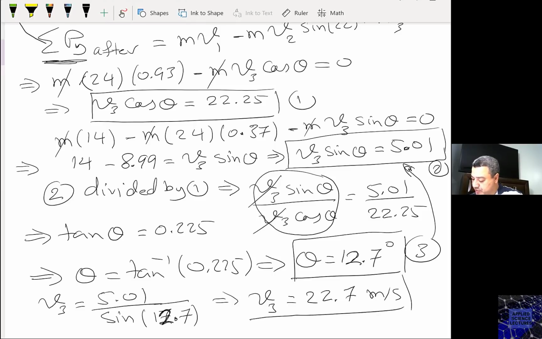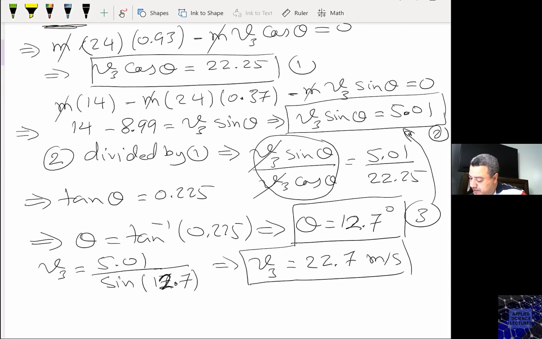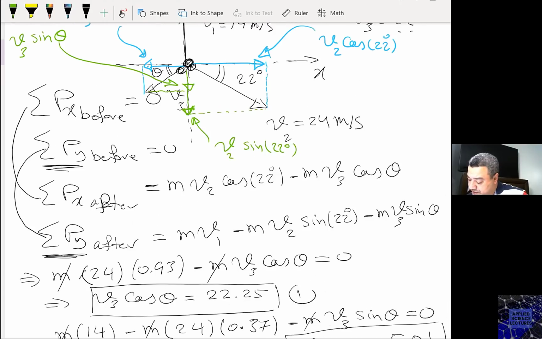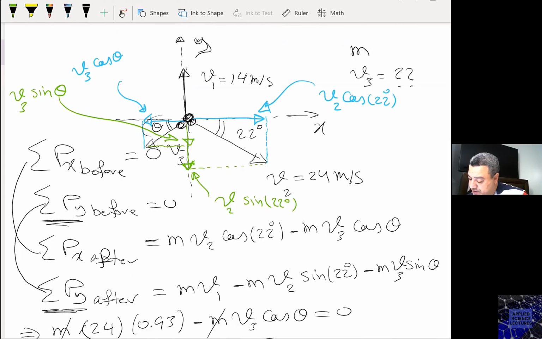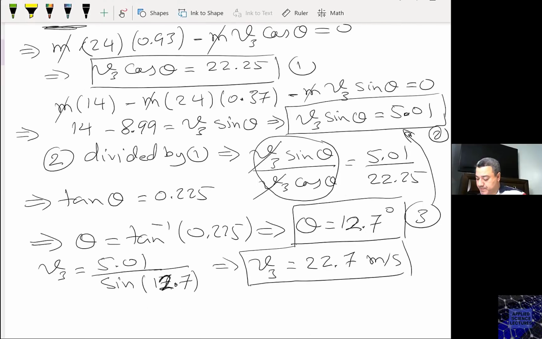This is the magnitude of the velocity. Now, this velocity as a vector is defined by theta 12.7 and magnitude of 22.7.